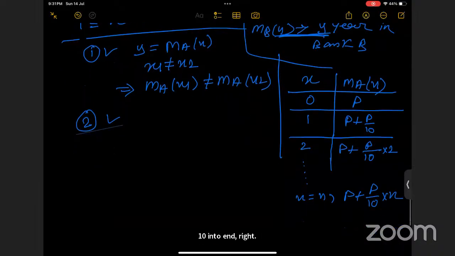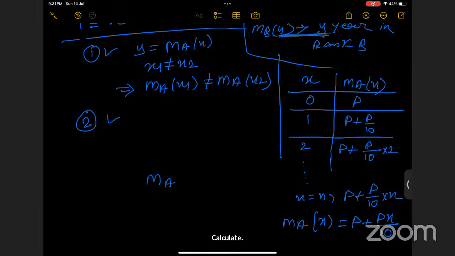So we can take the function MA of x as P plus Px by 10, right? Now if we calculate MA of 12, this is P plus 12P by 10.